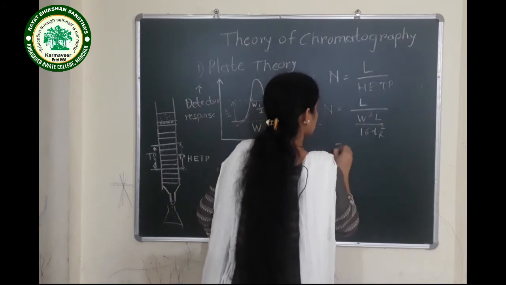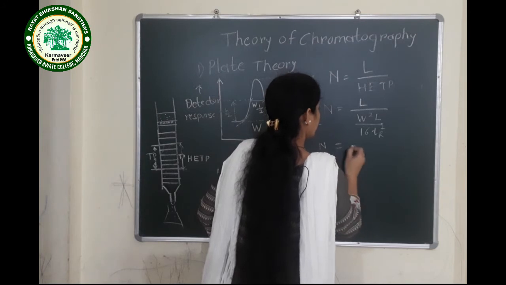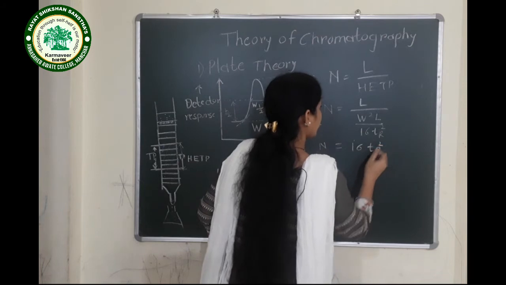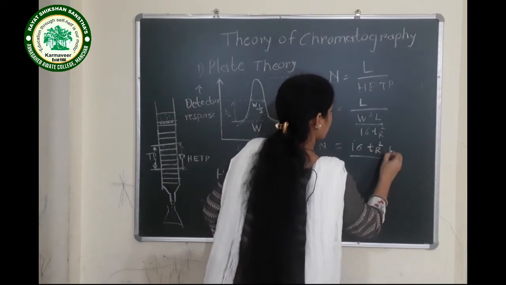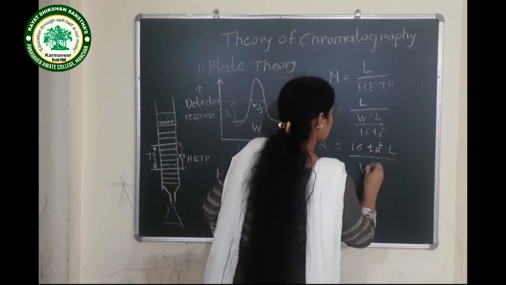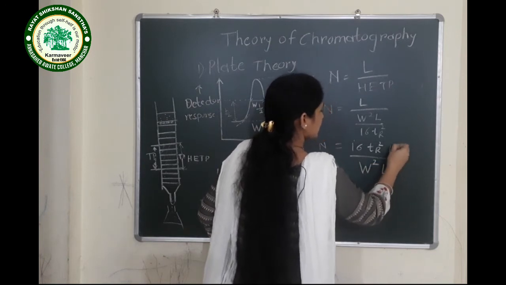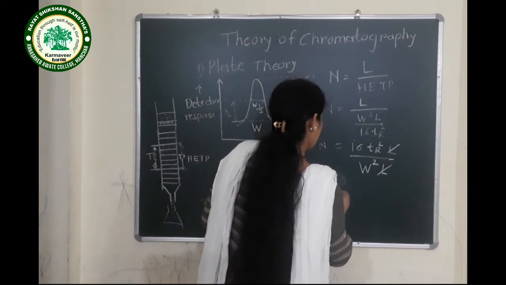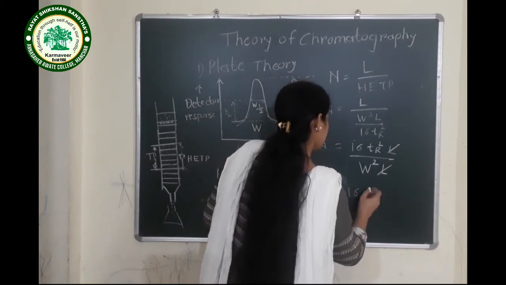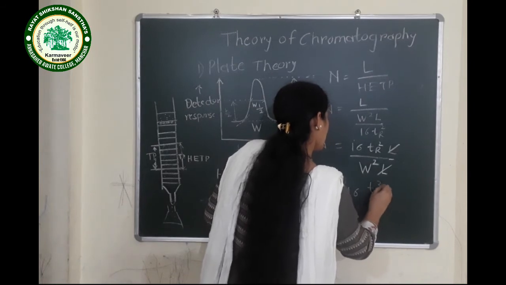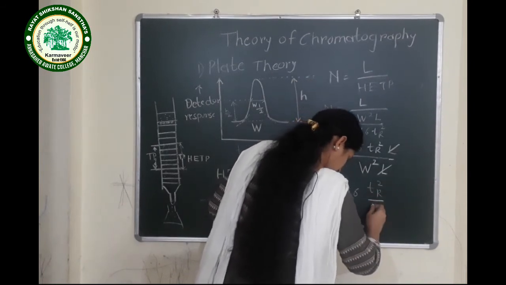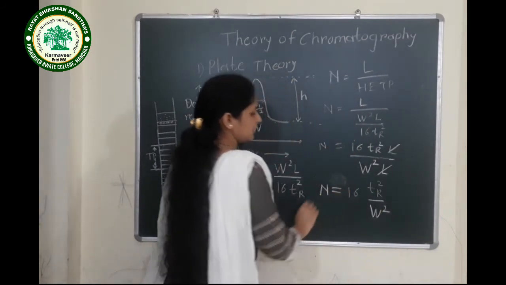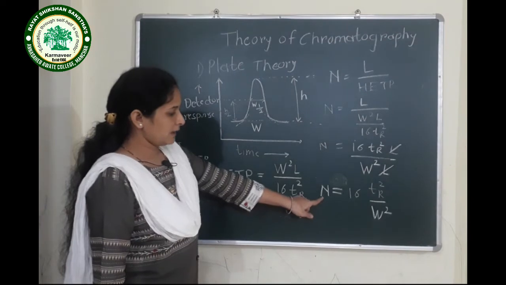By rearranging this equation, we get N is equal to 16 TR square L upon W square L. This L and L will get cancelled. Therefore, we get N is equal to 16 TR square upon W square. Okay, we get this equation for this N.